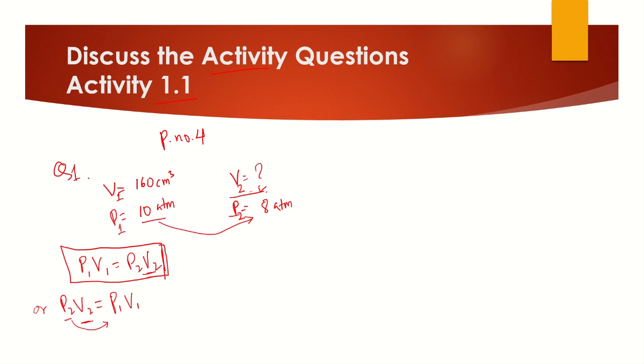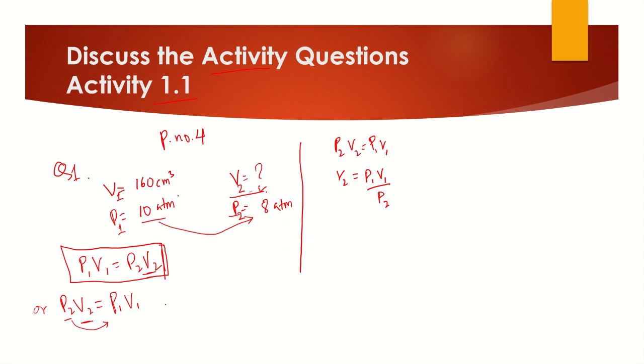So P2 is in the numerator. When we send it to the other side, it will go to denominator. So let me rewrite this same equation here. P2 V2 is equal to P1 V1. So keeping the V2 on the left hand side and sending the P2 to the other side, P2 will go to denominator.